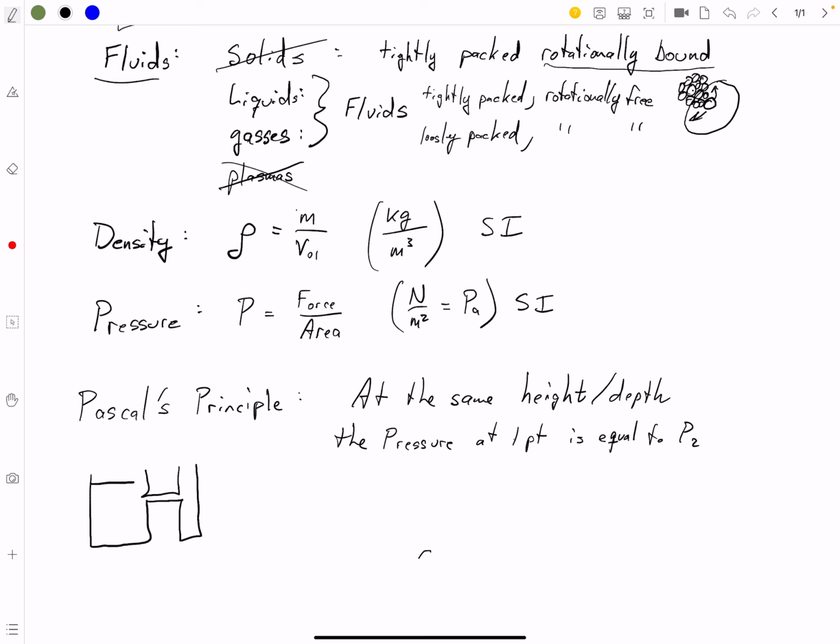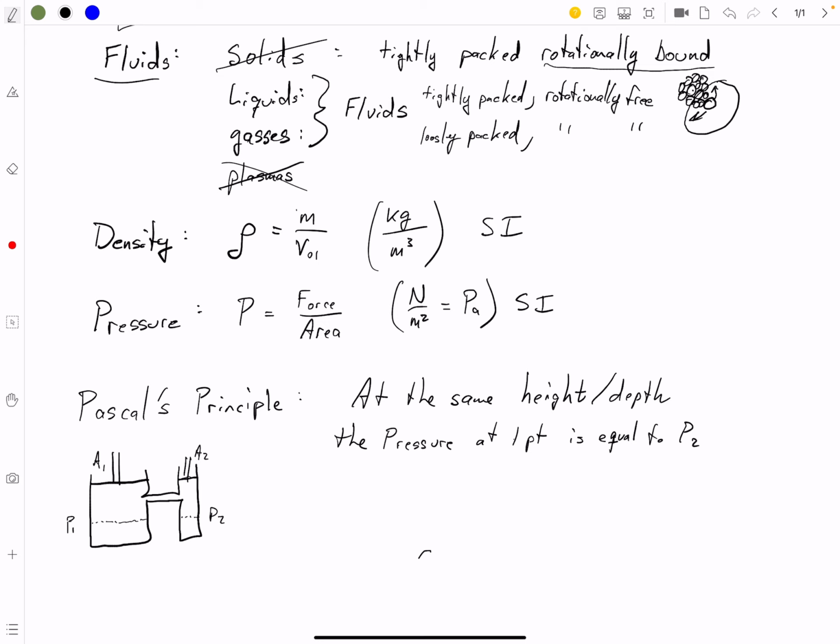So over here we have a piston, and over here we have a piston, and then our equivalent height or depth would be there, and so the pressure P2 is equal to P1. We already remember that we have area 1 over here and area 2 over here. So that's important.